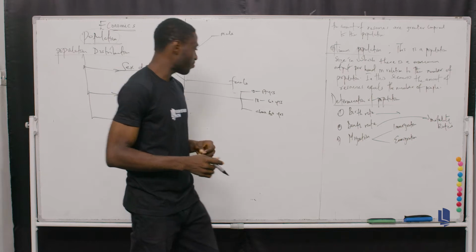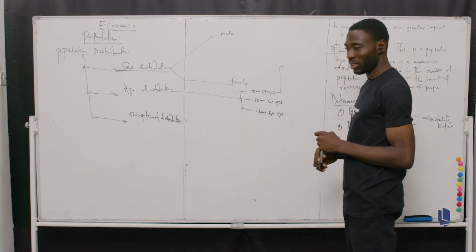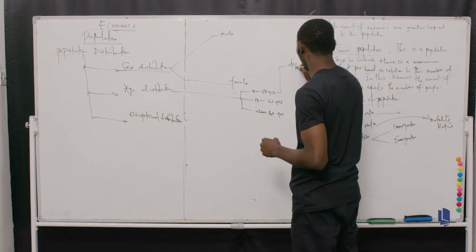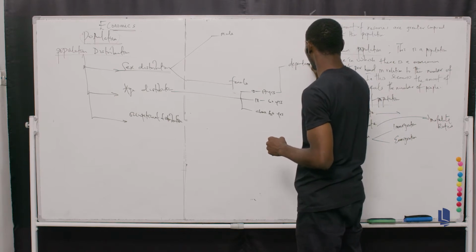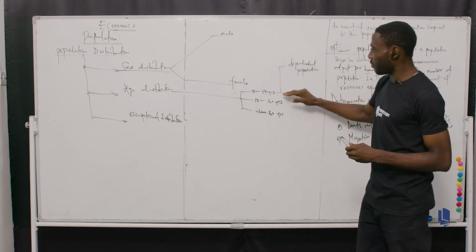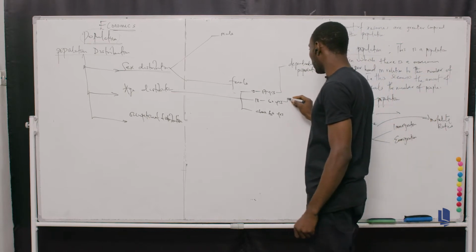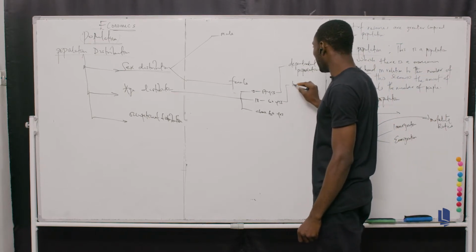Now, listen to this. 0 to 17, we can also call it dependent population. Hope you are with me. From 0 to 17, we call them dependent. Now, 18 to 60, we call it independent.